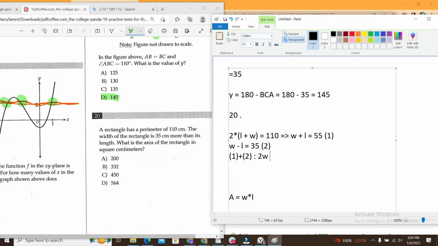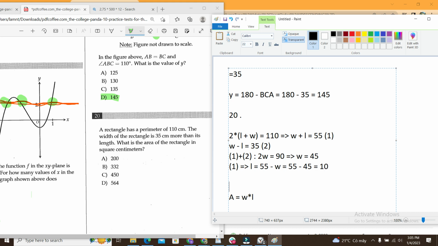So 2W equal to 90, so we can figure out W to be 45. Therefore from the first equation we can deduce that L is just 55 minus W, which is 55 minus 45, which is 10, right?